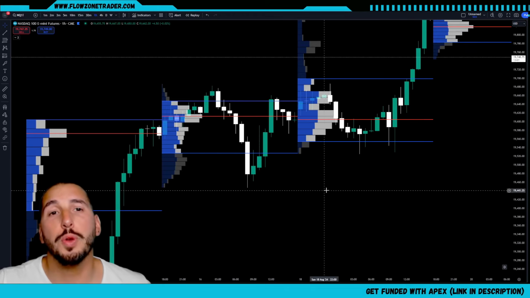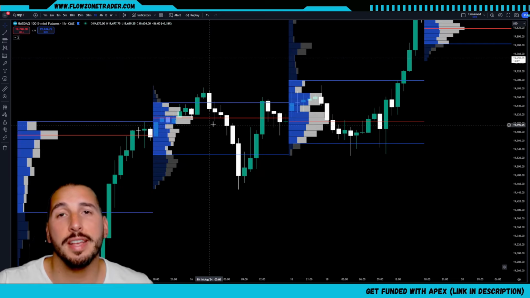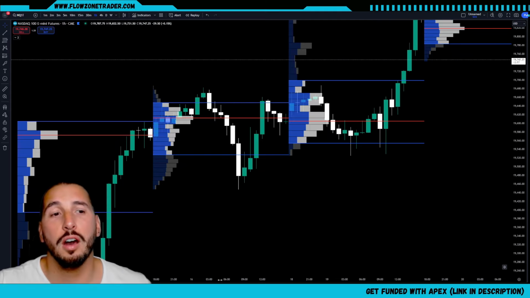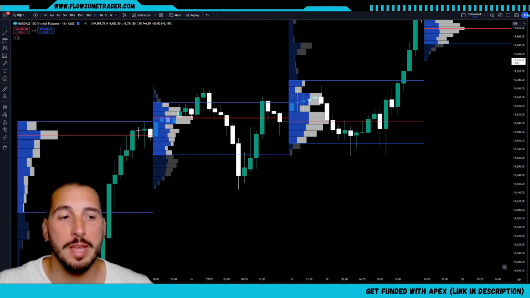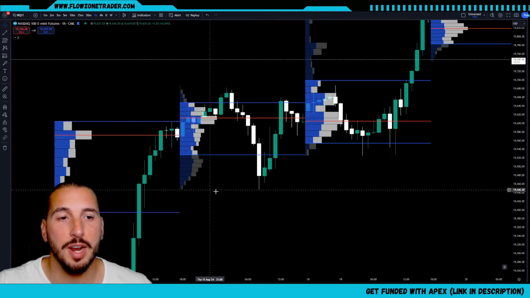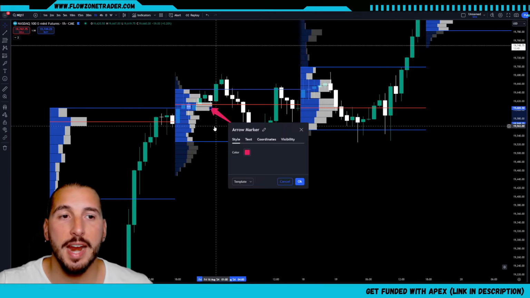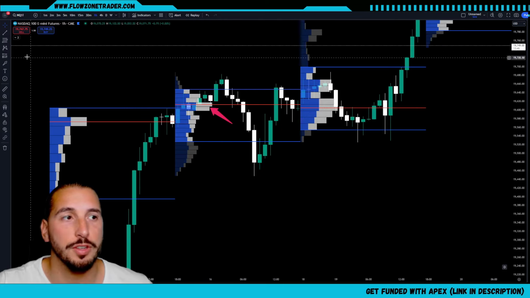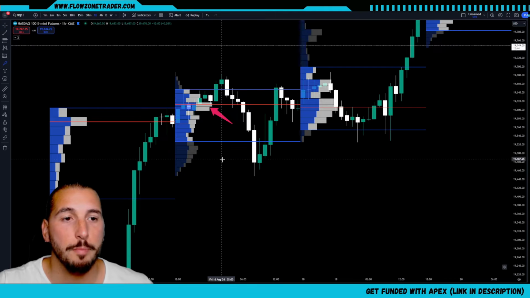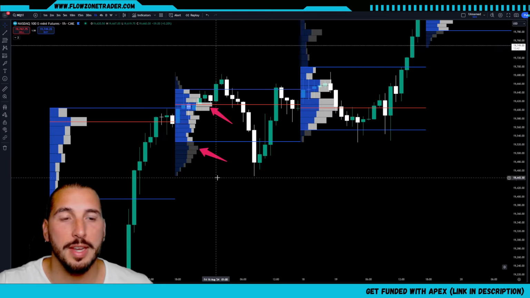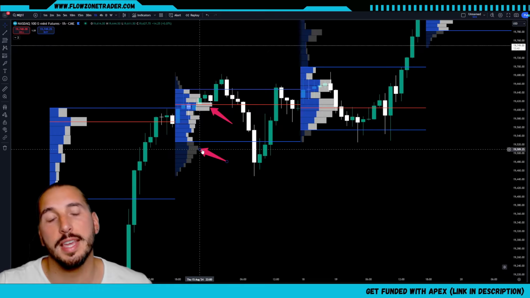The other thing you need to understand, other than this point of control, are other high volume nodes. What do I mean by that? When we look at this histogram here, we can see that this is the biggest area of volume represented horizontally with the point of control, but we also have another node down here. So this is worth taking note of.